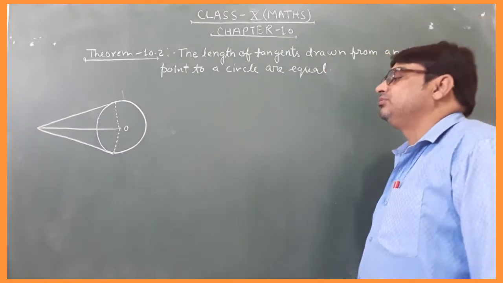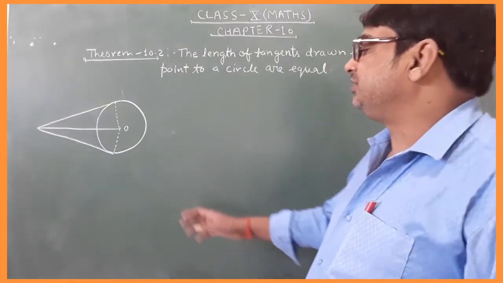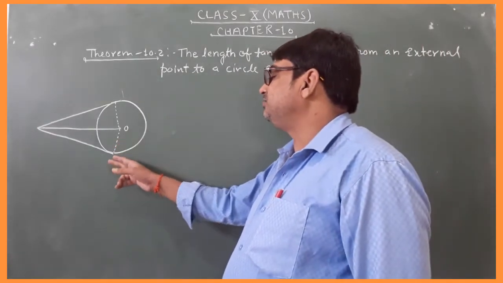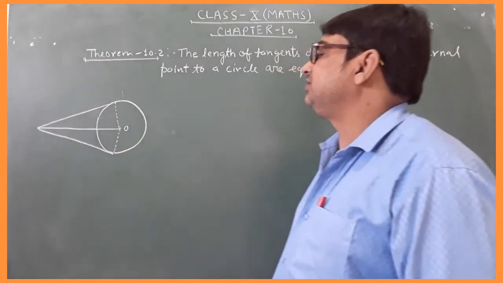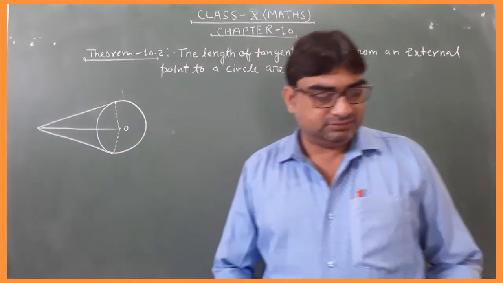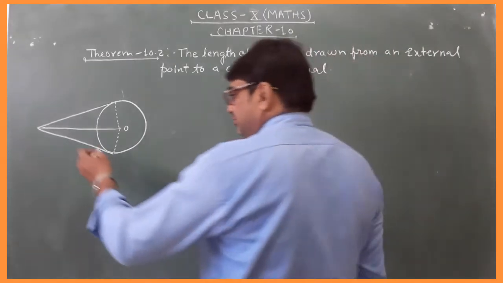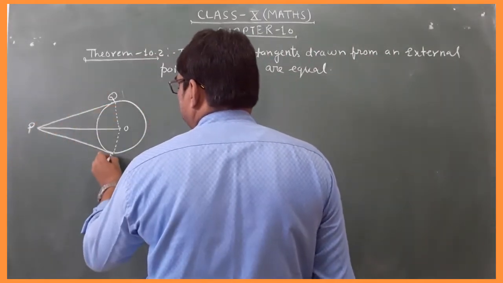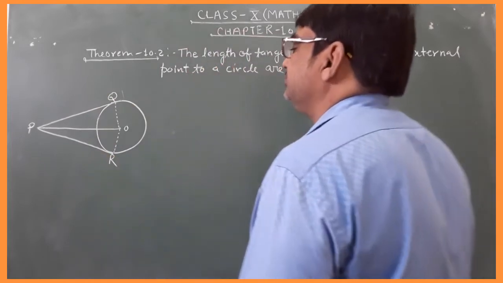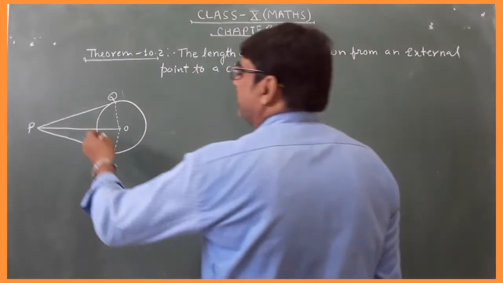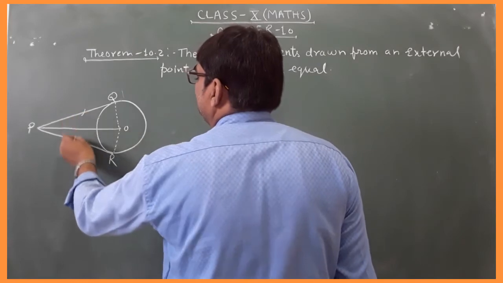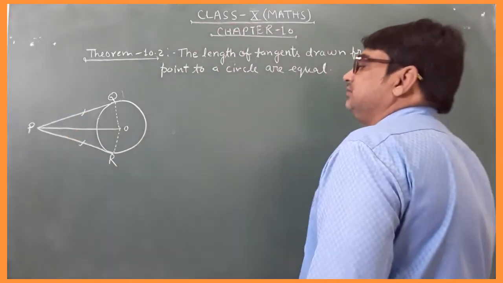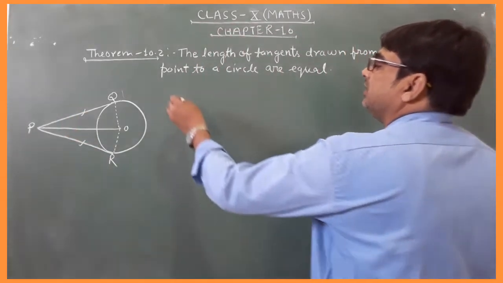Already we have proved if we draw radius, it is perpendicular to the tangent. Suppose this is P, Q and R. हमको ये प्रूफ करना है कि दिस इज इक्वल टू दैट। तो गिवन क्या है?